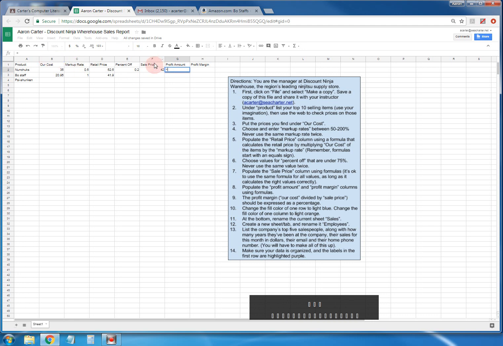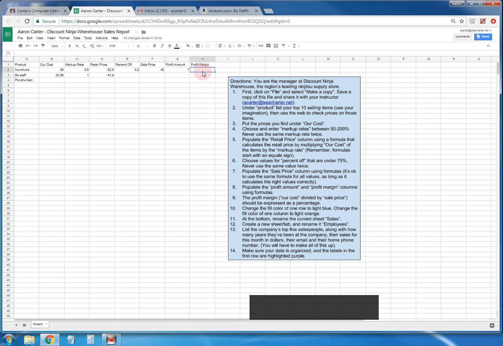So sale price is F2 minus B2. Enter. So in this particular case, if you sold it for $42 and you paid $35 for it, how much did you make? $7.